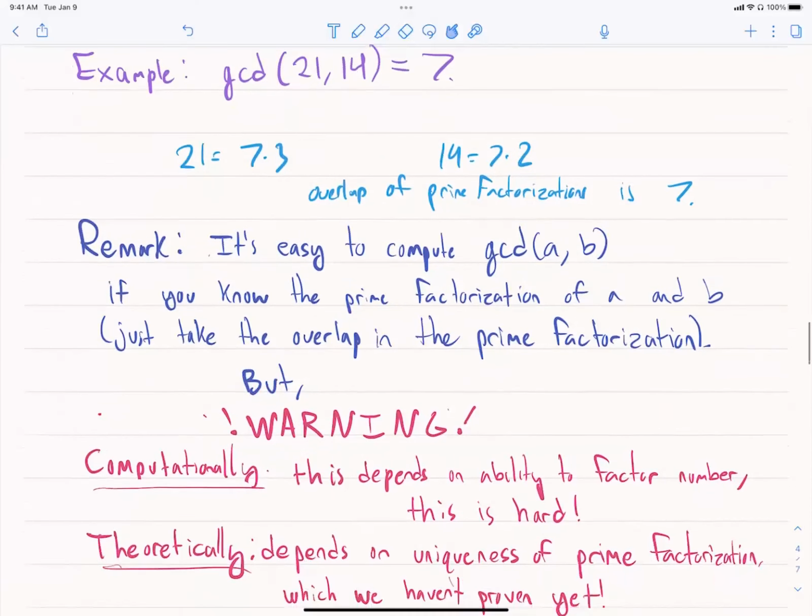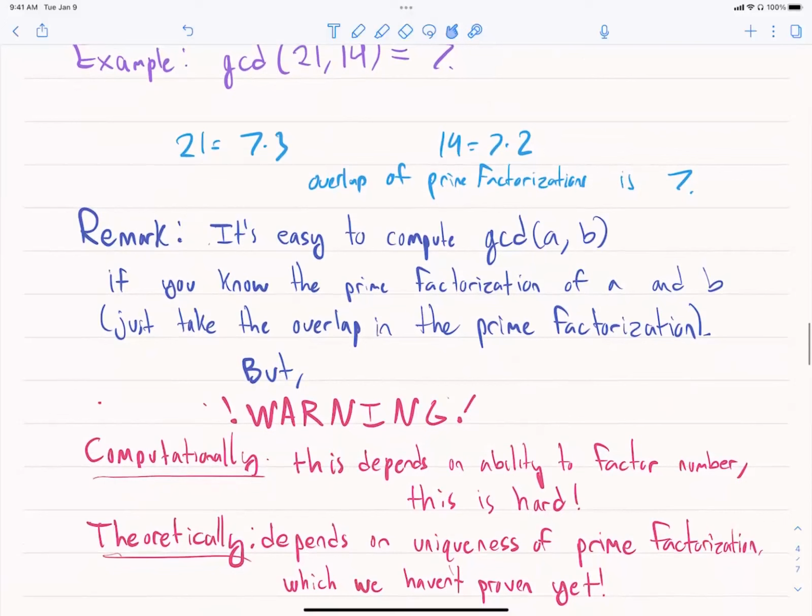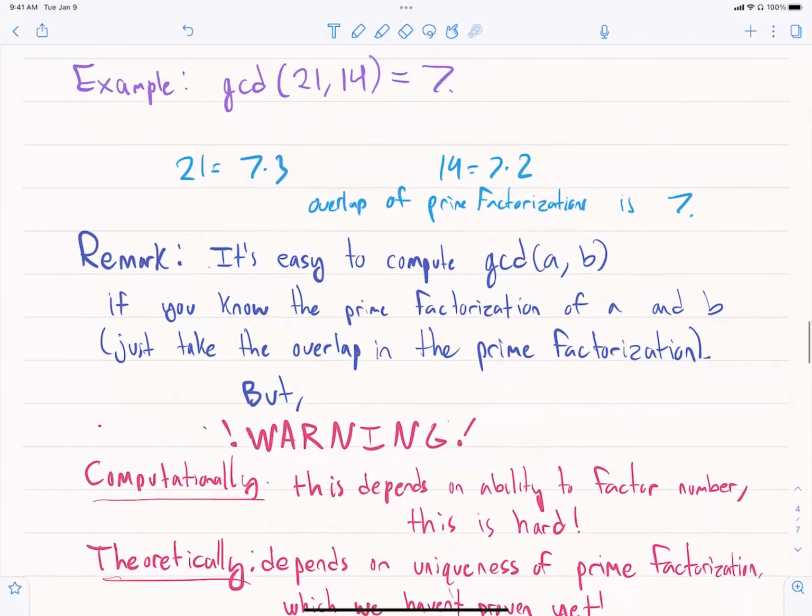The other theoretical warning is that we're working towards showing this uniqueness statement for prime factorizations. And somehow, this prime factorization method of computing the greatest common divisor works because prime factorizations are unique.